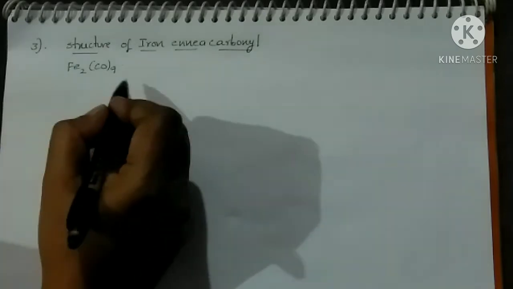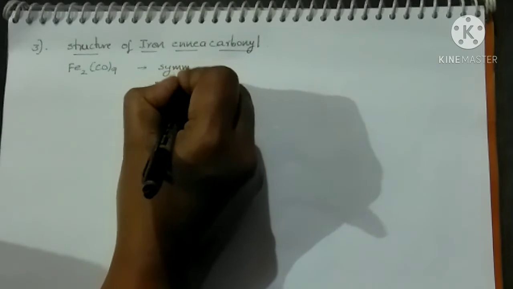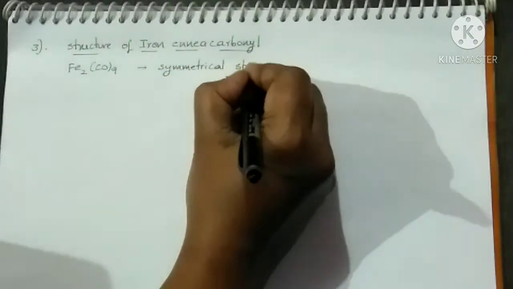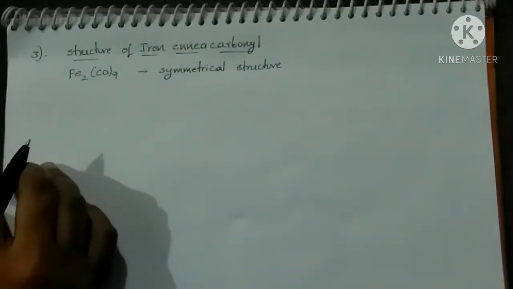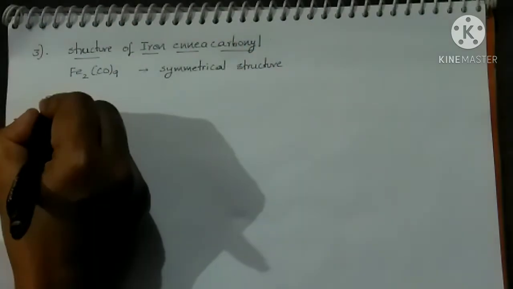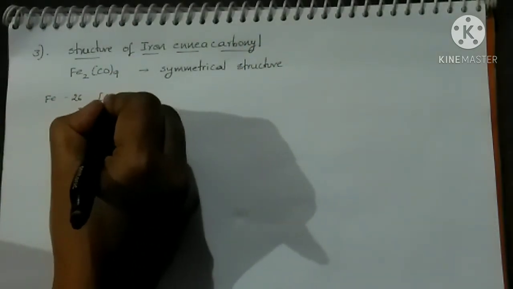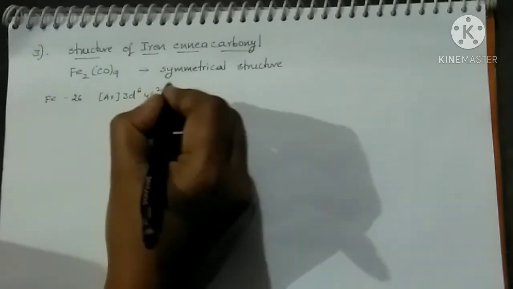It shows a symmetrical structure. And this can be understood easily from the bond formations between iron and carbonyl groups. So iron atomic number 26 and configuration is argon 3d6 4s2.